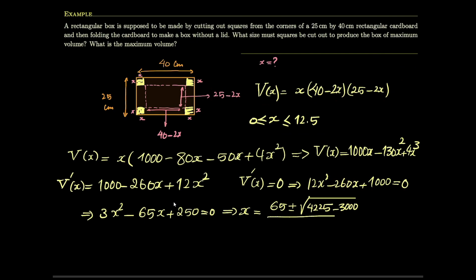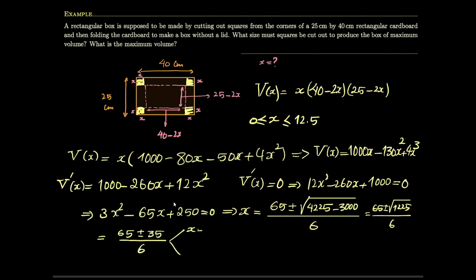And then divided by 2 times a, which is 6. Then it becomes 65 plus or minus a square root of 1225 divided by 6. But the square root of 1225 is 35, yes? So it's plus or minus 35 and then divided by 6. And then I have 2 answers.